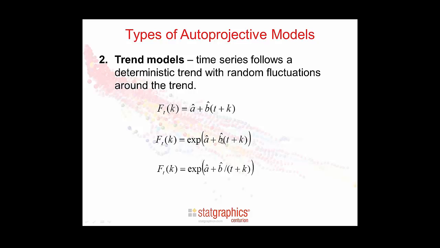There's an exponential function, a growth curve type function, and several other functions. Basically, if you're fitting a trend model to the data, you're doing a simple regression and assuming that you have independent errors around the trend. I haven't seen those turn out to be the best models very often, but they're there.